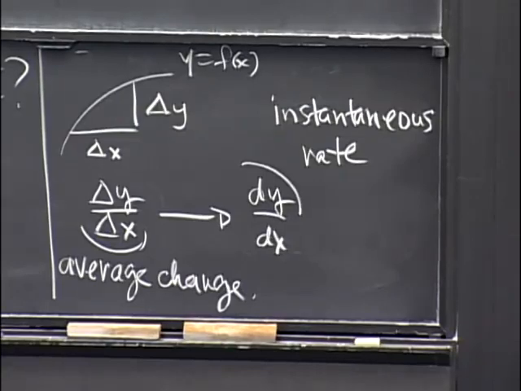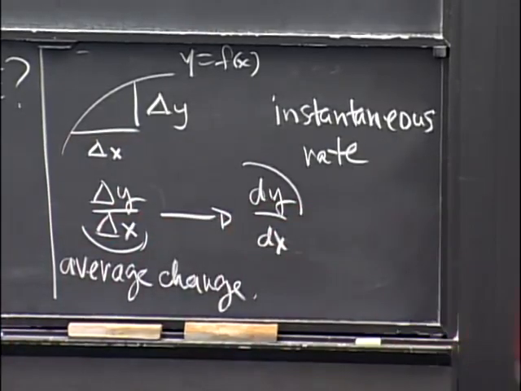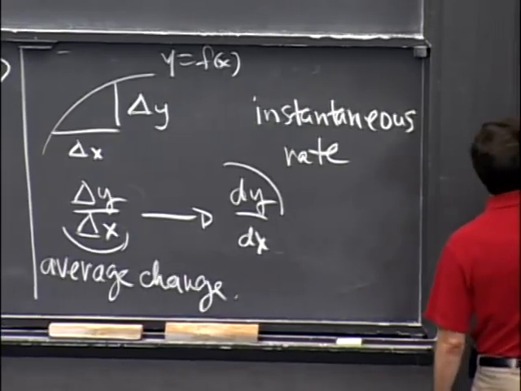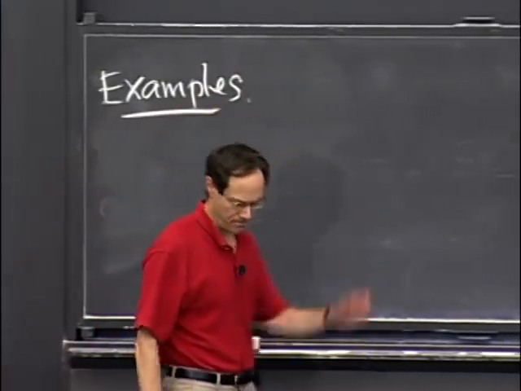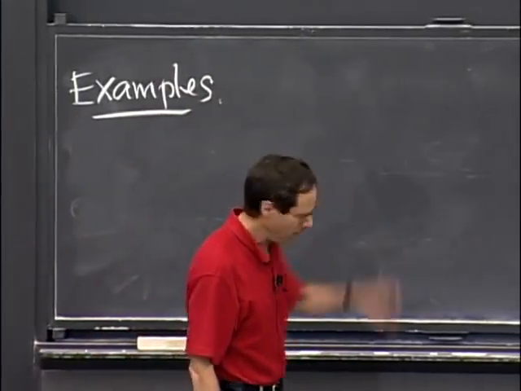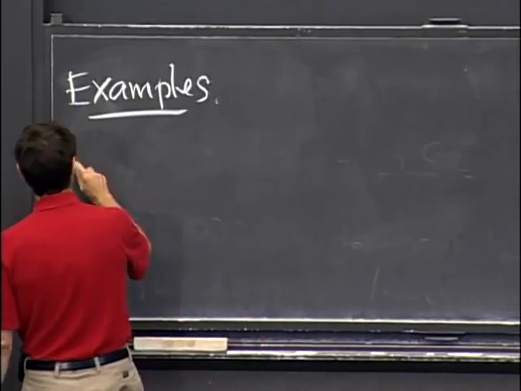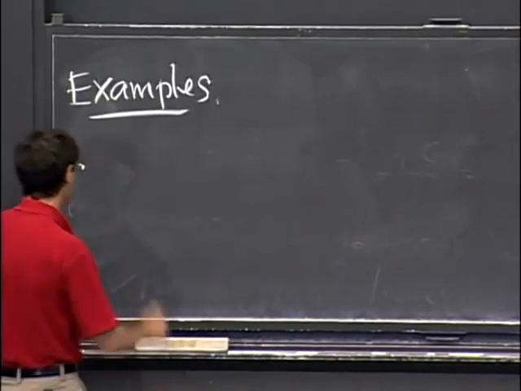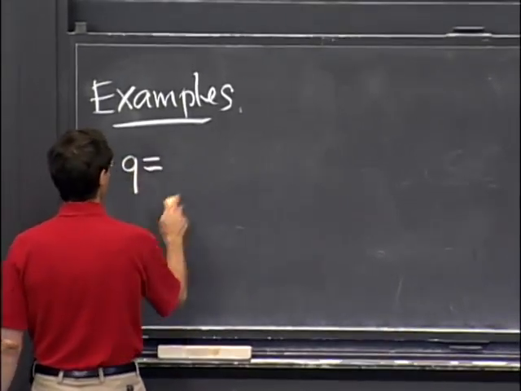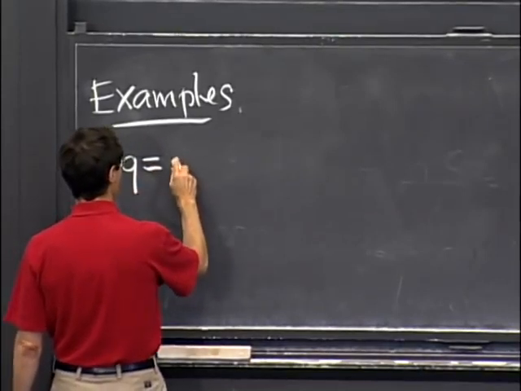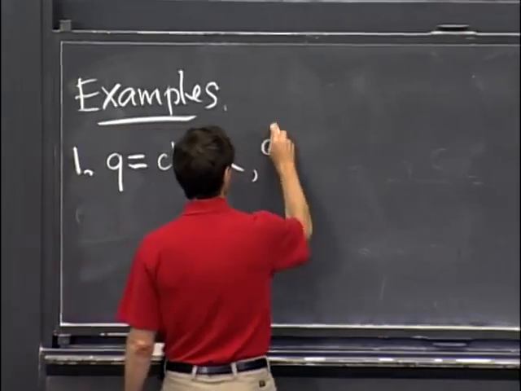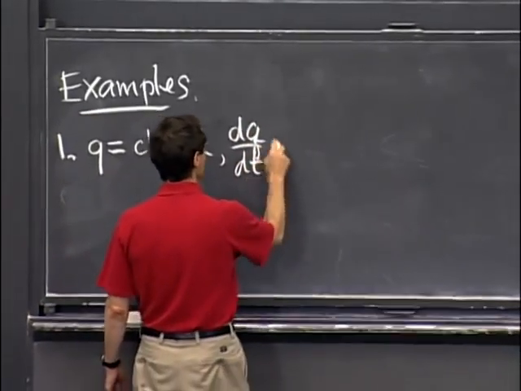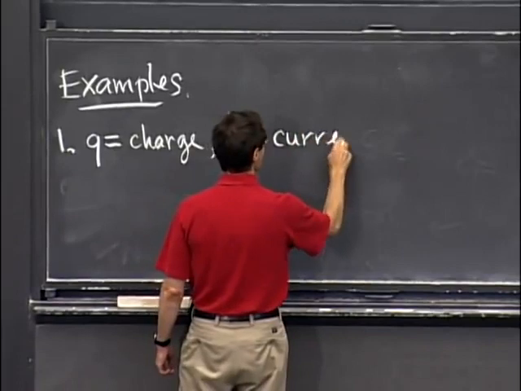Okay, so that's the point of view that I'd like to discuss now and give you just a couple of examples. So let's see. Well, first of all, maybe some examples from physics here. So Q is usually the name for a charge. And then dq dt is what's known as current.